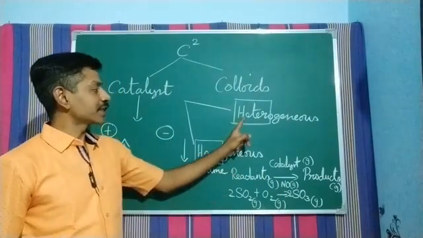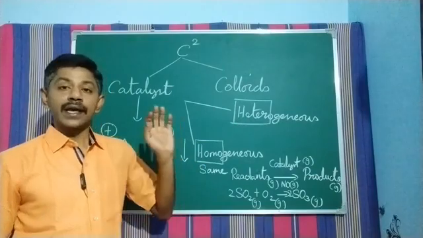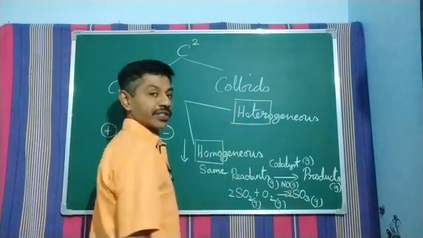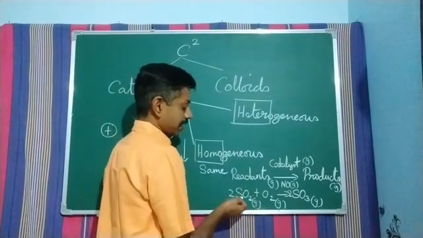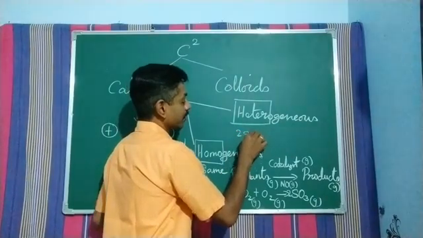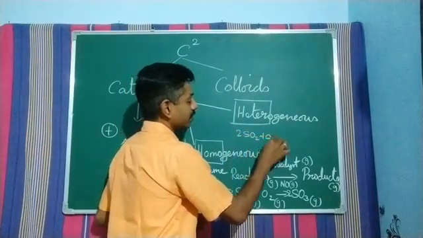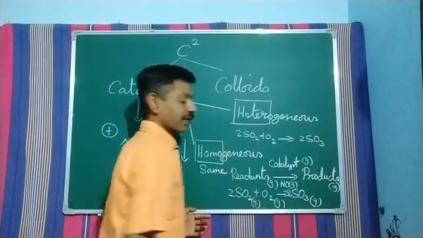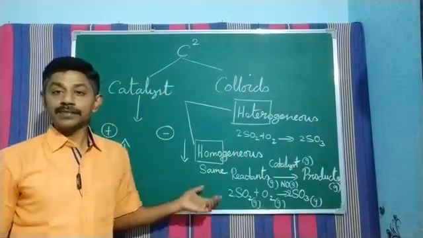Now we are moving on to the next area called heterogeneous catalysis reaction. For heterogeneous catalysis, we can go for the same example. So 2SO2 joins with oxygen to give 2SO3. If you take the same example, your learning becomes easier.